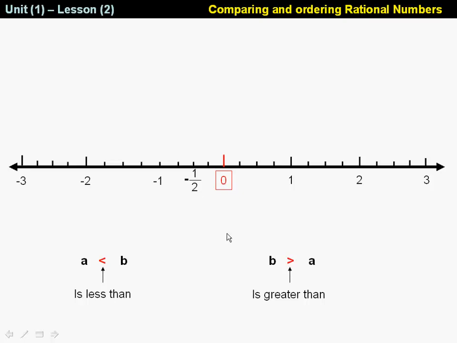This is a number line. We have 0 here. From 0 to the right direction is positive, and from 0 to the left direction is negative.